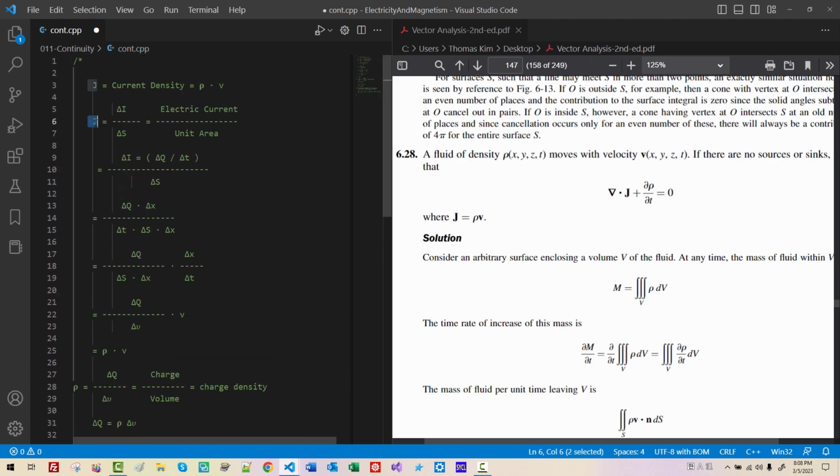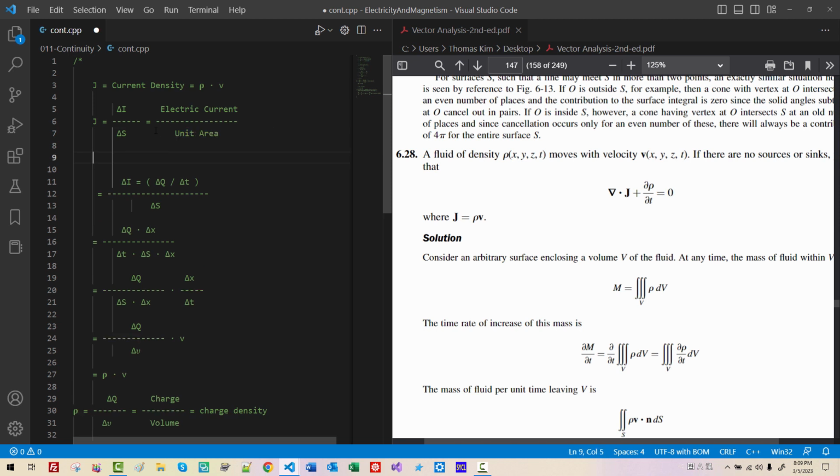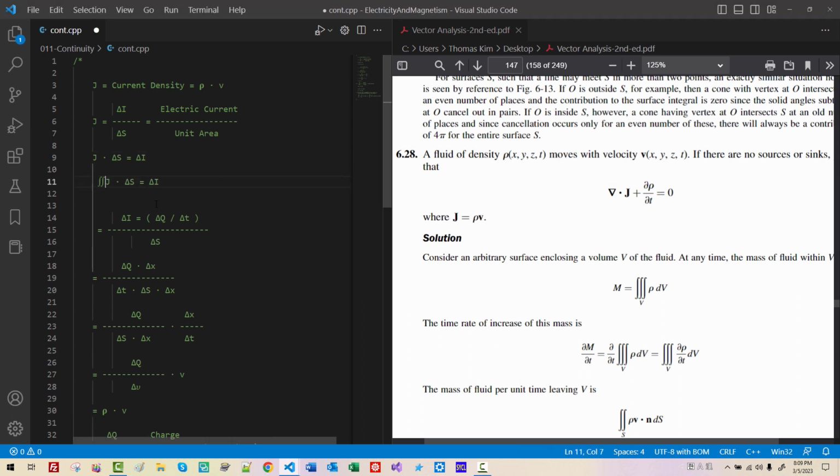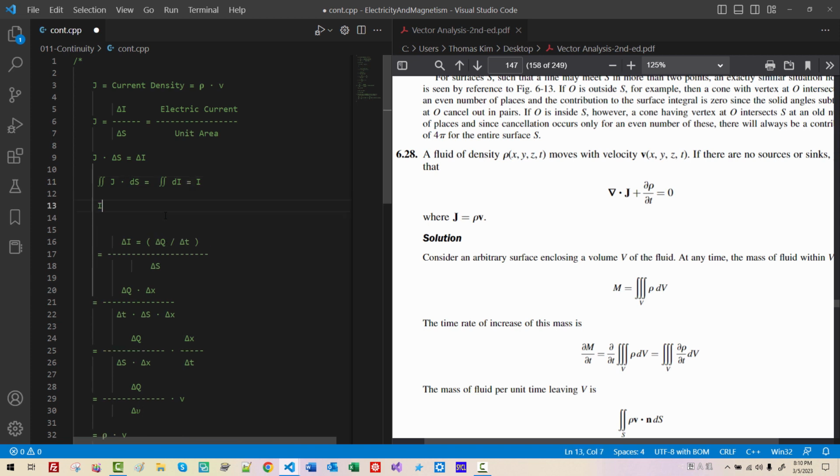Also note that J is defined as electric current over unit area. From this, we can rewrite the equation: J times delta S equals delta I. If we take the surface integral, it becomes the integral of dI, or I equals the surface integral of J dot dS.